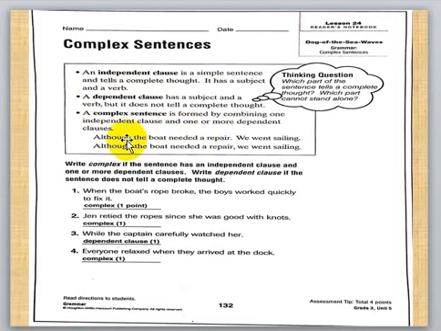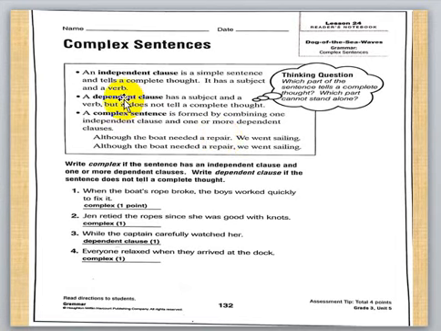But do you understand something here? When I tell you, although the boat needed a repair, and I stop here, do you have a complete thought? You will tell me, Mister, no. What happened? Why did you stop? It's a dependent clause.